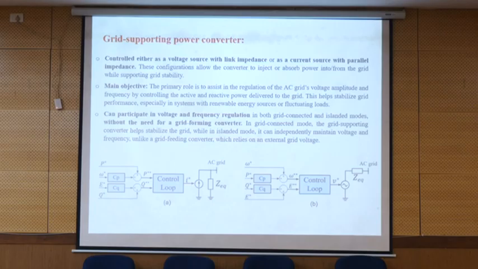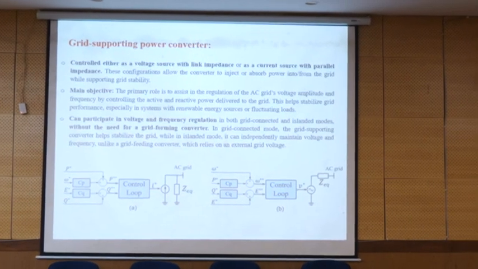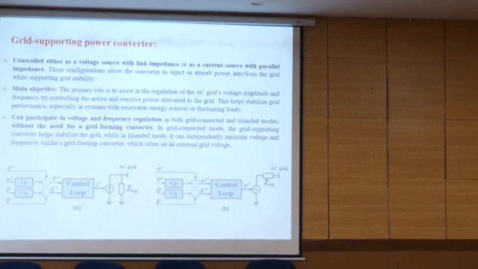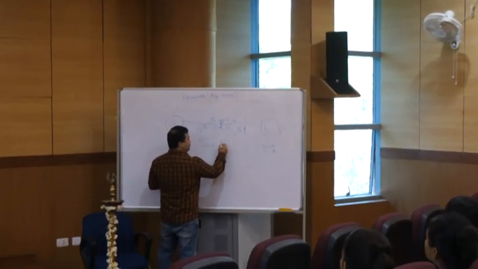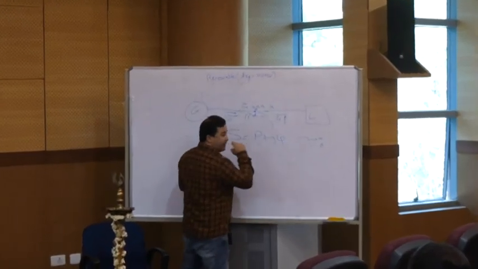So, for example, 10 is equal to... in converter S is equal to P plus jQ, okay?